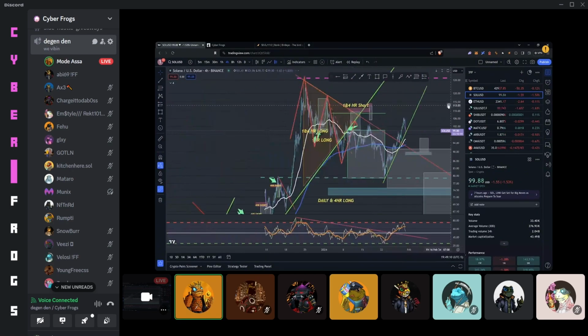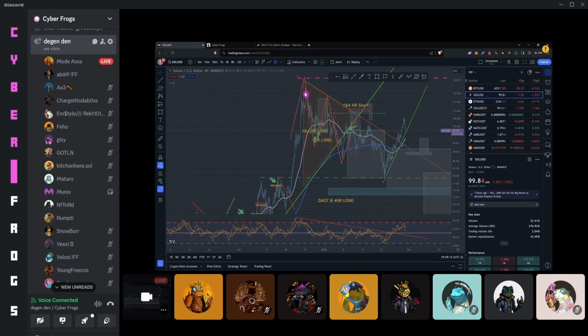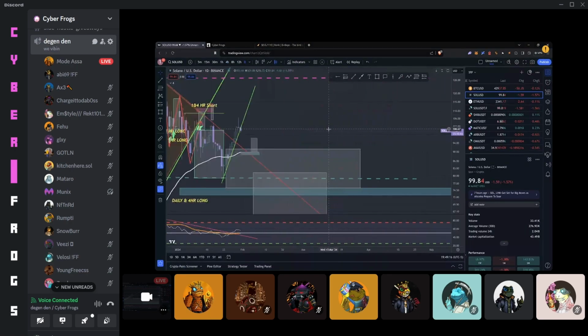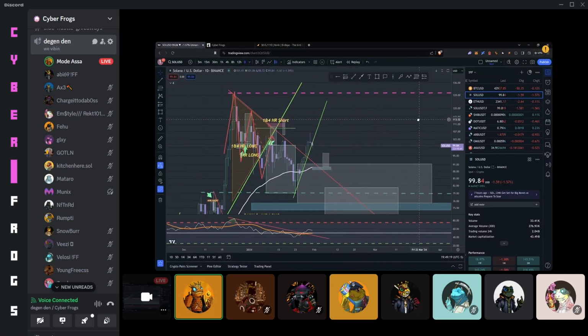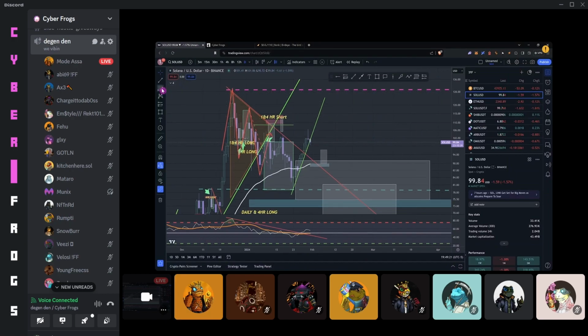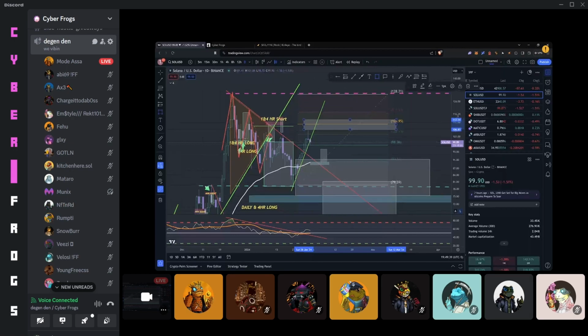Let me do some just for shits and giggles here. Let's go to daily. Let's say that is our top. We're going to draw a fib. I always draw a box like that, and you look at exactly where price licked it.